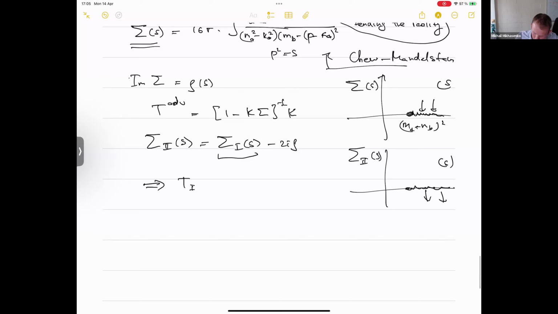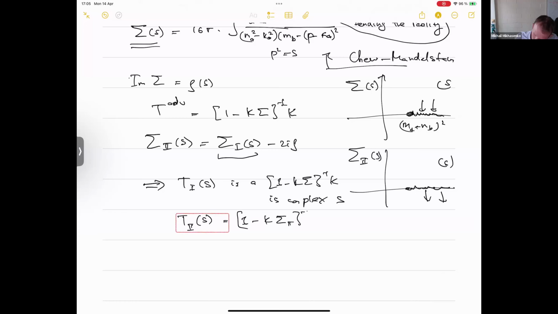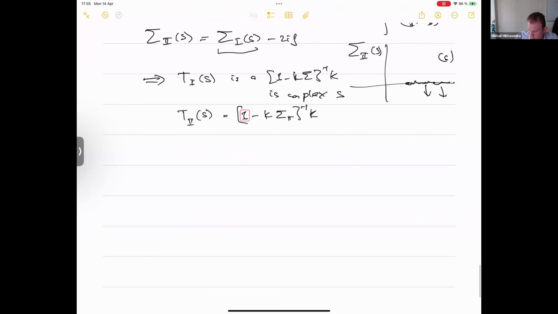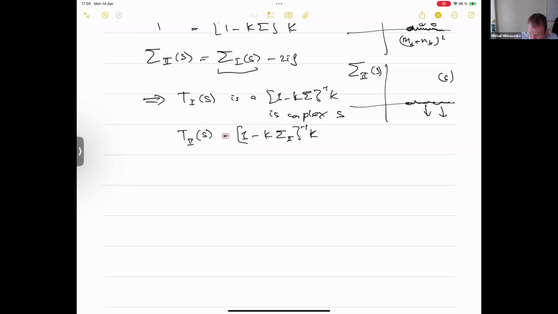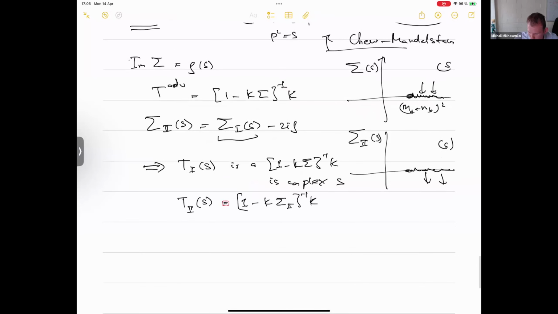Therefore, I introduce T1 of S, a regular amplitude in complex S. Regular, I mean, is the one we introduced before, 1 minus K sigma, inverse, times K. And then T2, which would continue, would be introduced as 1 minus K sigma 2, inverse, times K. That's an expression that naturally comes from the analytic properties of this loop integral.